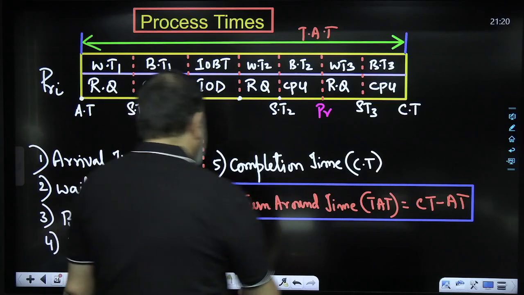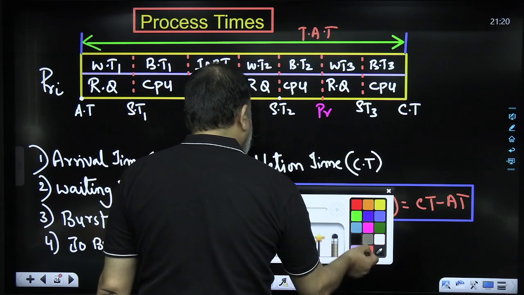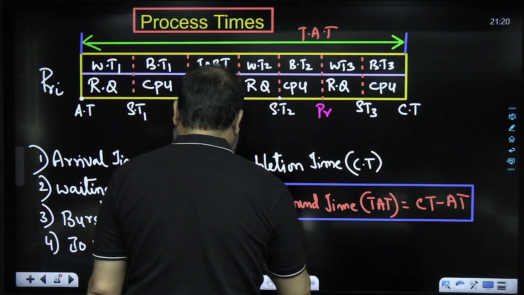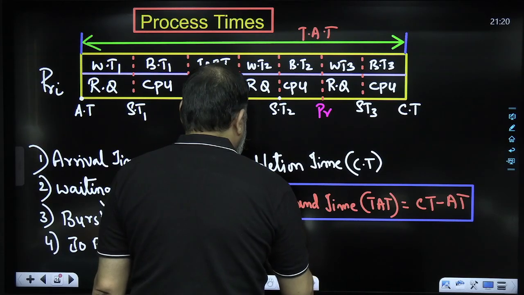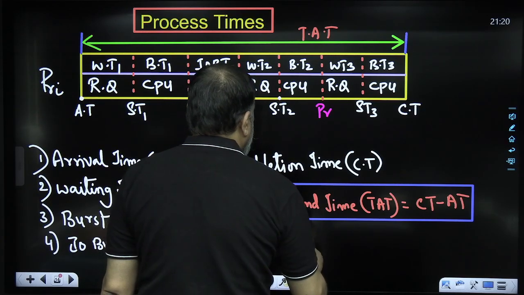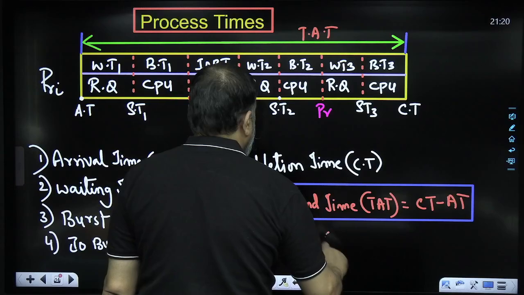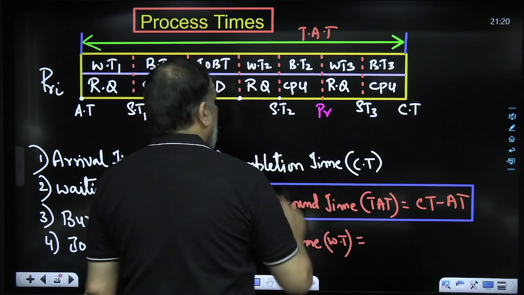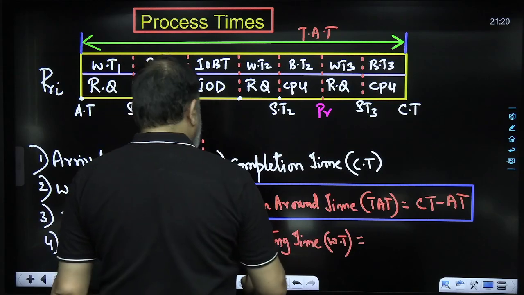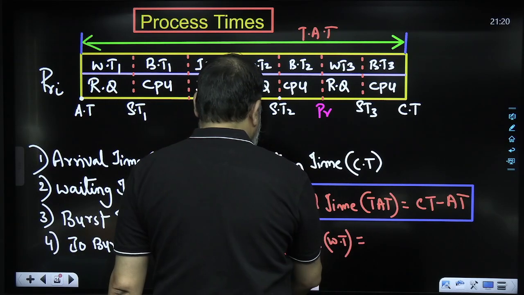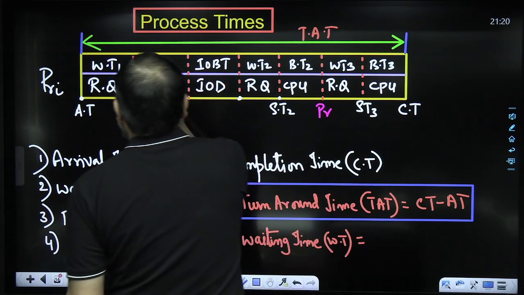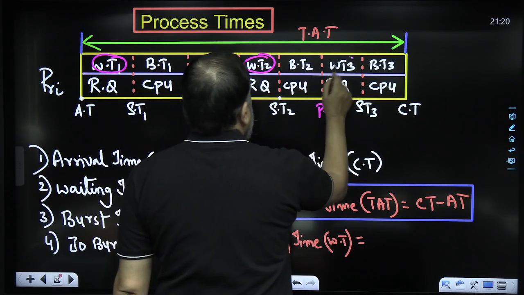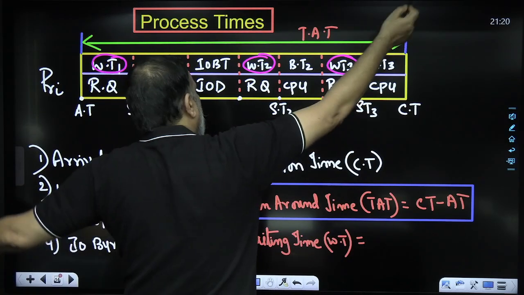And from here, because the metric is waiting time, what will be the formula for waiting time? Remember, waiting time is the total time spent by the process in the ready queue, not the IO queue, only the ready queue. If you want to calculate the total duration of this waiting time, it is WT1 plus WT2 plus WT3, because a process may have many waitings.